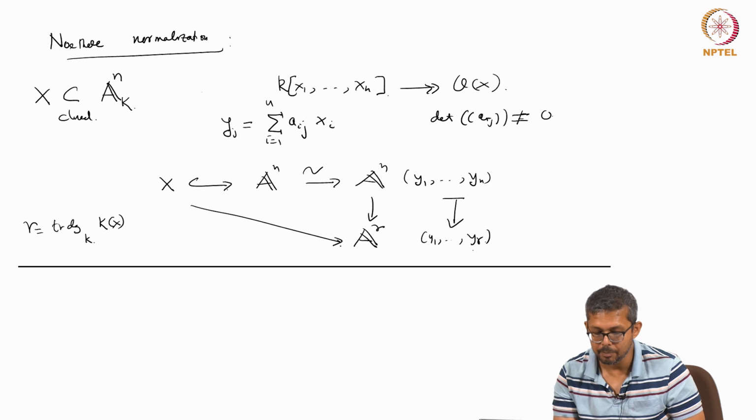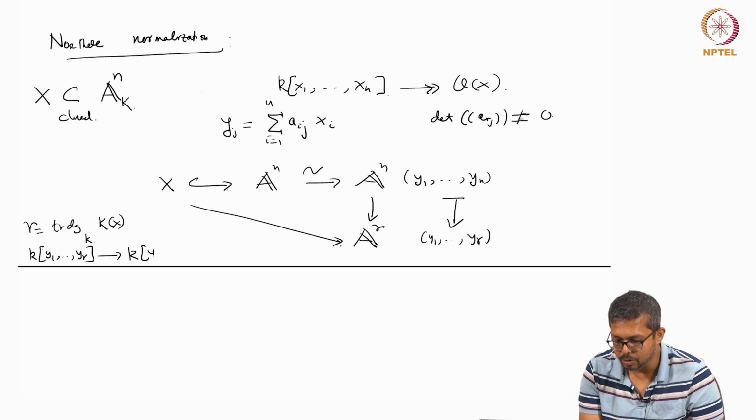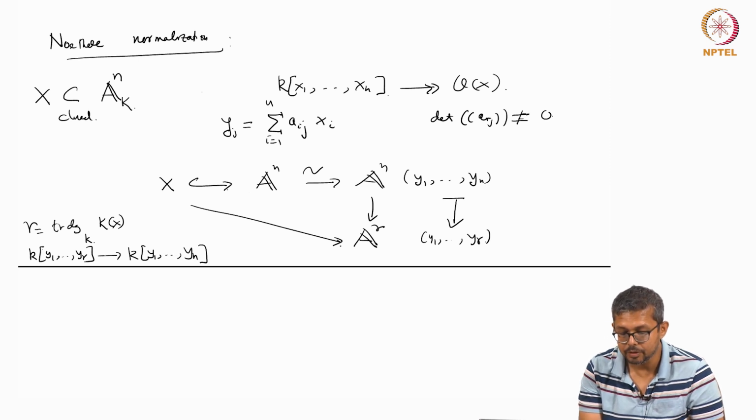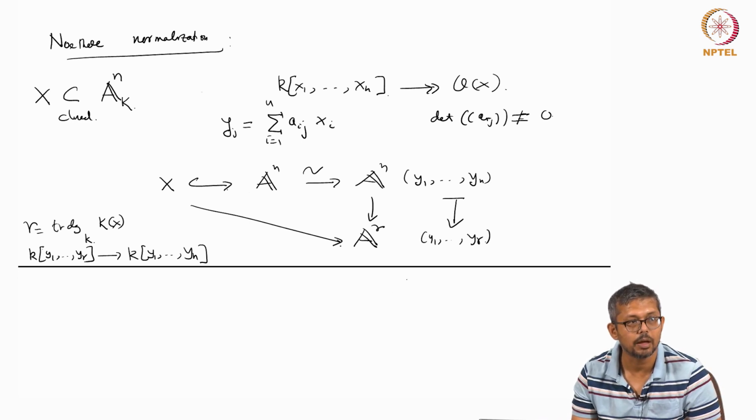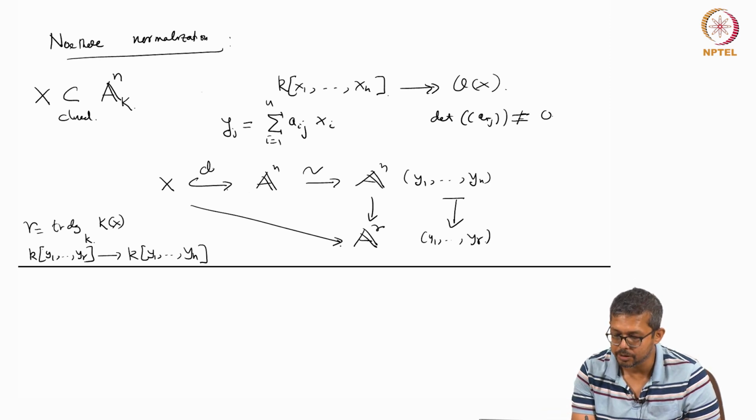This projection map is coming from the inclusion map k[y1, y2, ..., yr] going to k[y1, y2, ..., yn]. So this map induces the corresponding variety level map, that is A^n to A^r, and this is the isomorphism, and this is the map given by this projection. This is a closed immersion.